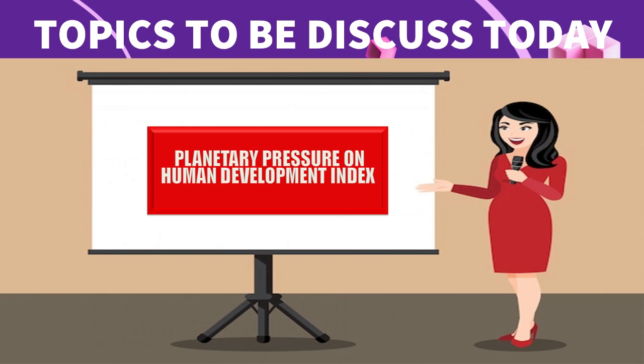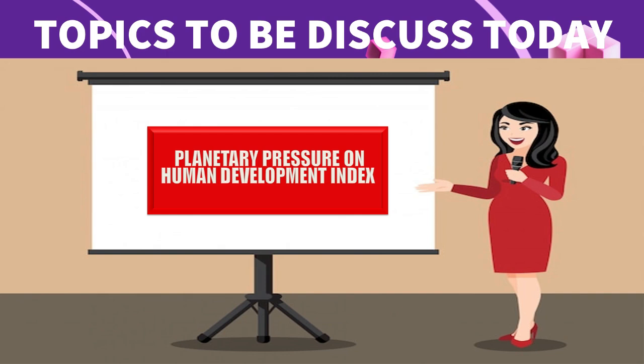What is HDI? What is the planetary pressure on the human development index, why was it created and how is it created, and what does PHDI show, and how does the human development index create a misguided perception of progress?